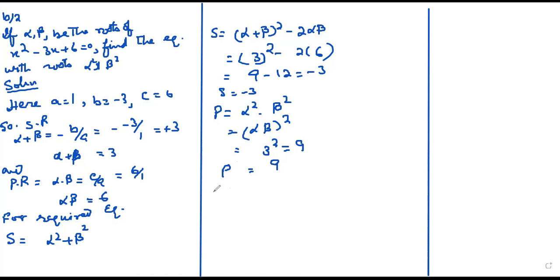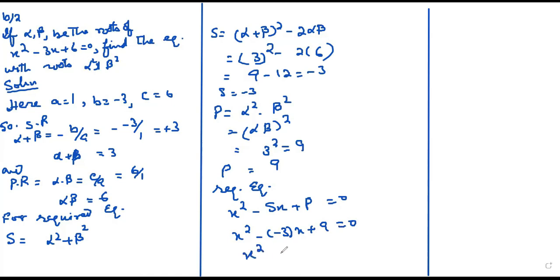So the required equation is x square minus Sx plus P equals to 0. So we have x square minus minus 3 x plus 9 equals to 0. So we have x square plus 3x plus 9 equals to 0 is our required answer.